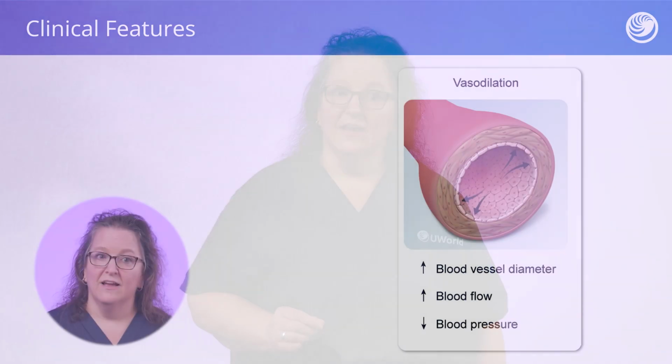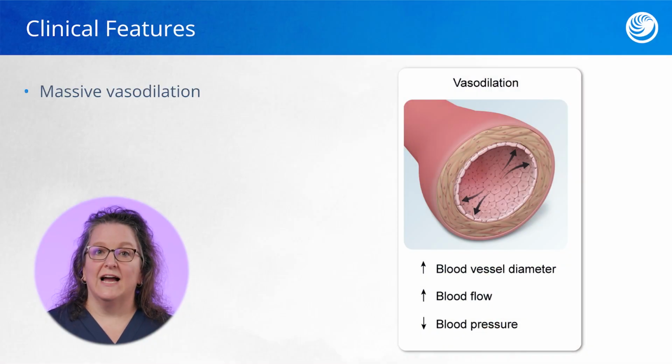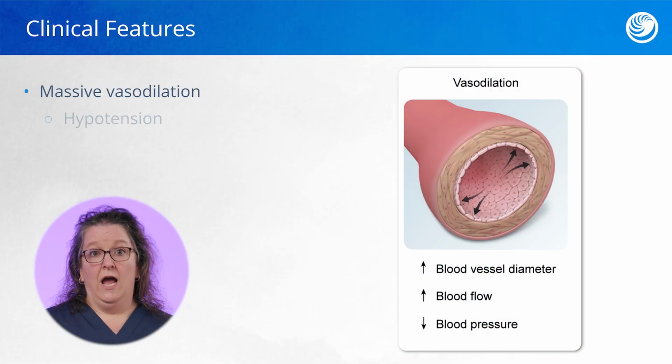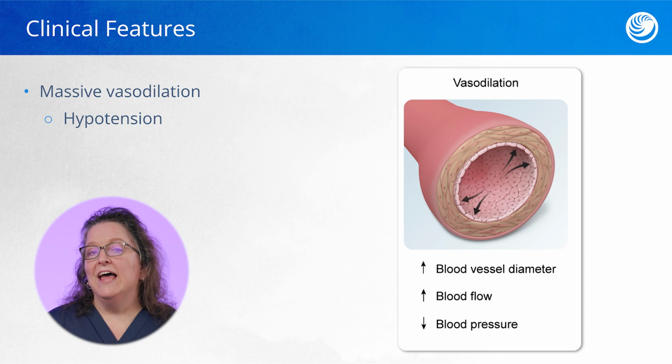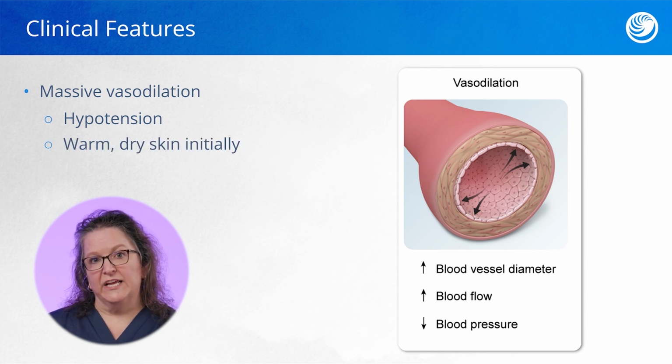So remember, parasympathetic nervous system, everything dilates and relaxes. So the clinical manifestations that we're going to see are from parasympathetic stimulation, massive vasodilation. So we're going to see hypotension. And then the client's periphery will be warm, but only to start. And we'll talk about that in a second.